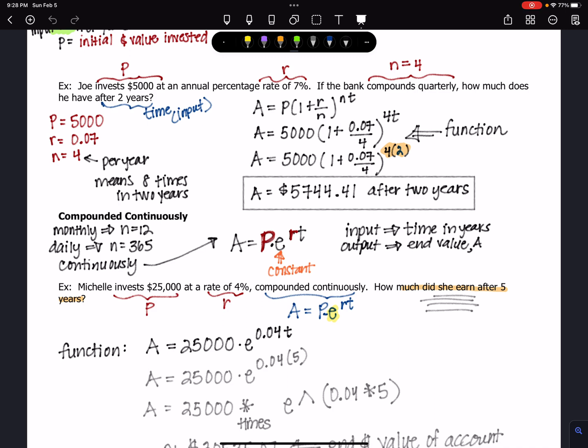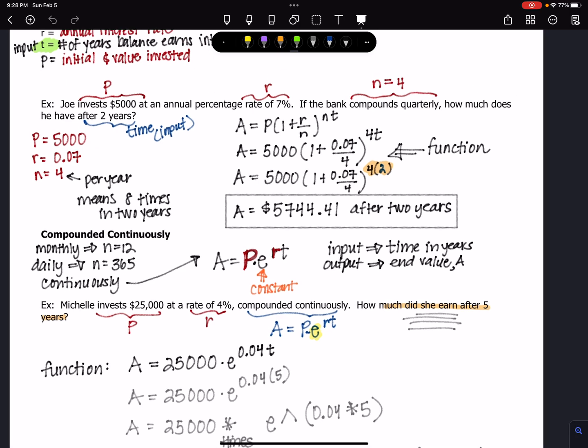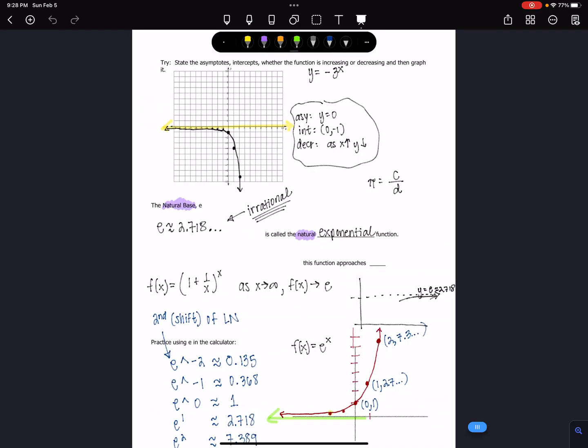And the e value is the banker's constant because it really does have a link back to this right here. So if we look at this right here, 1 plus 1 over x raised to the x power, and we're talking about x as it approaches infinity. That means how many times are we compounding per year?